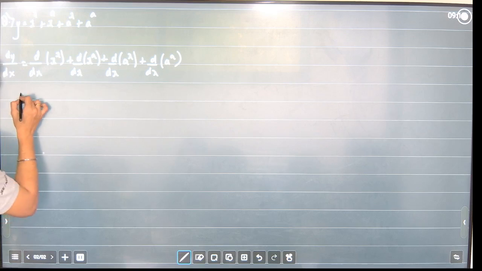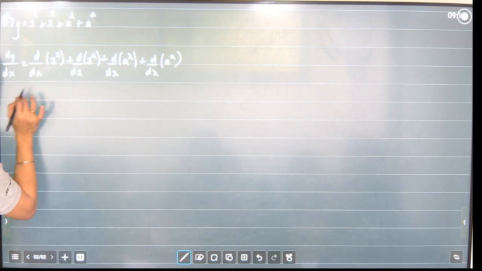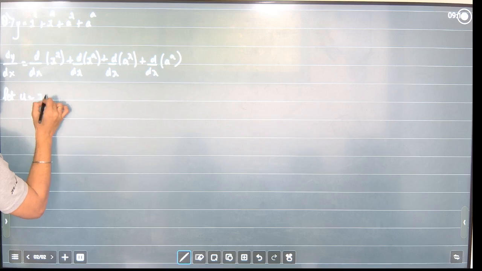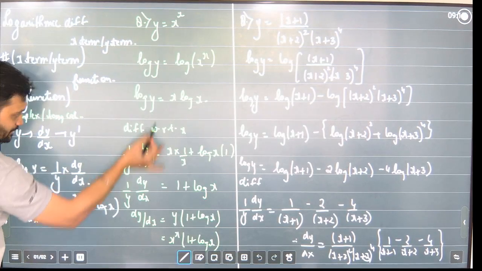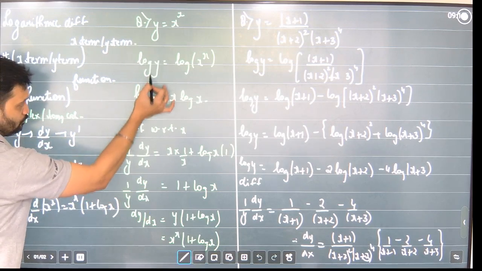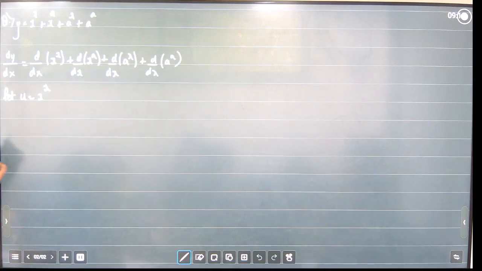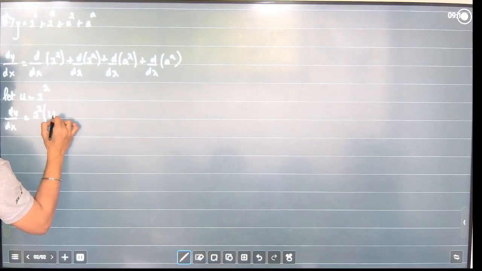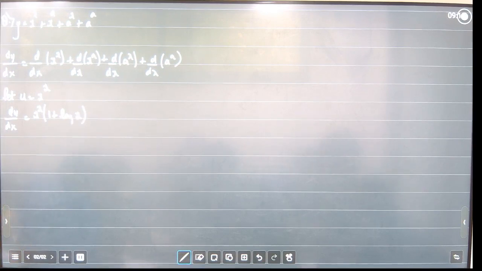Now you'll have to solve this separately. How? You'll have to write let u is equal to x raised to x. You'll have to write the entire thing. So in place of y, it will become u, 1 by u du by dx. You ultimately will get the same answer. So I can say that du by dx is nothing but x raised to x bracket 1 plus log x.